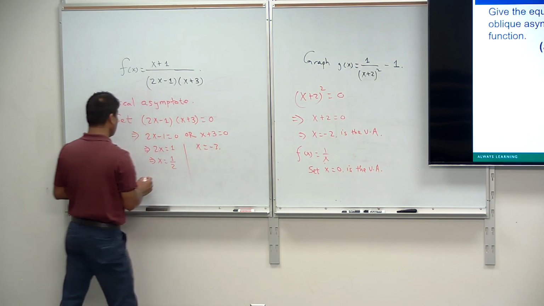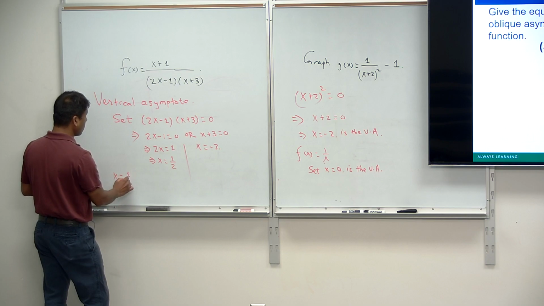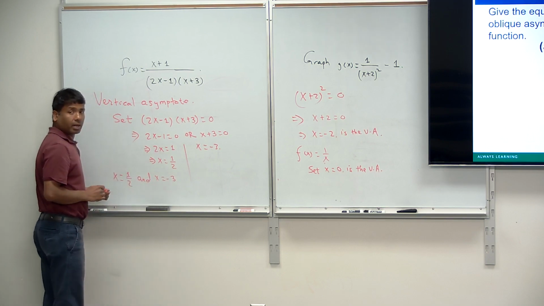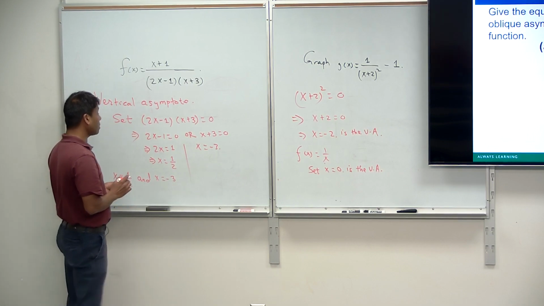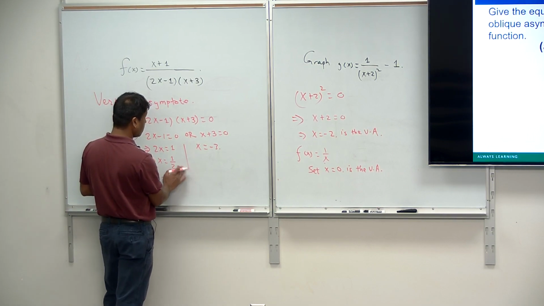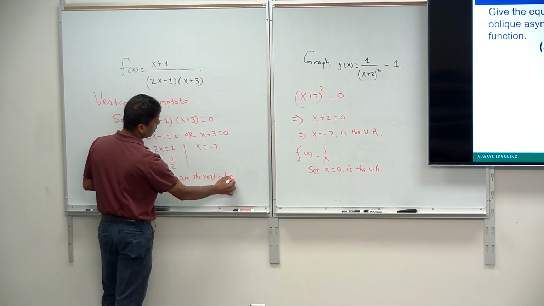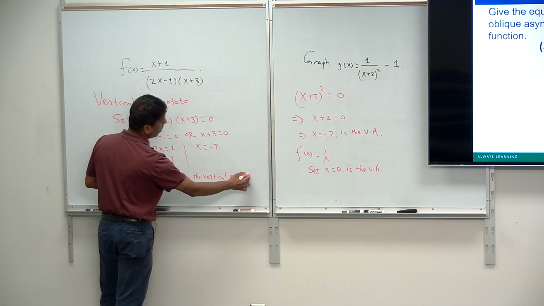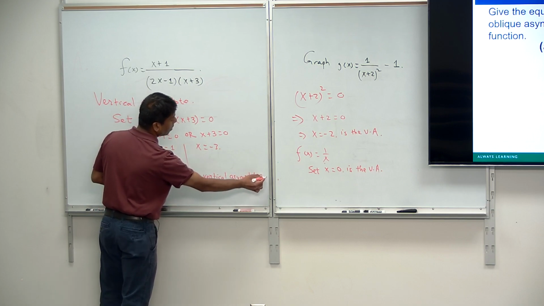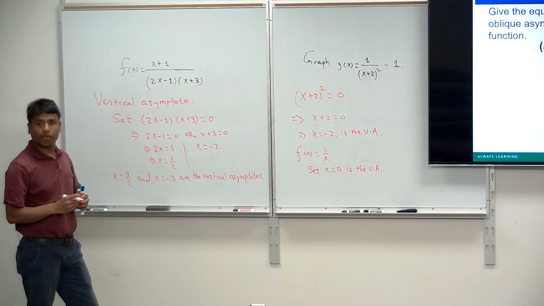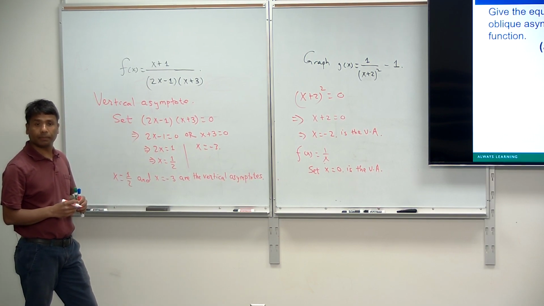So x equal to 1 over 2 and x equal to negative 3 are the vertical asymptotes. Did you guys get it? Does that make sense?